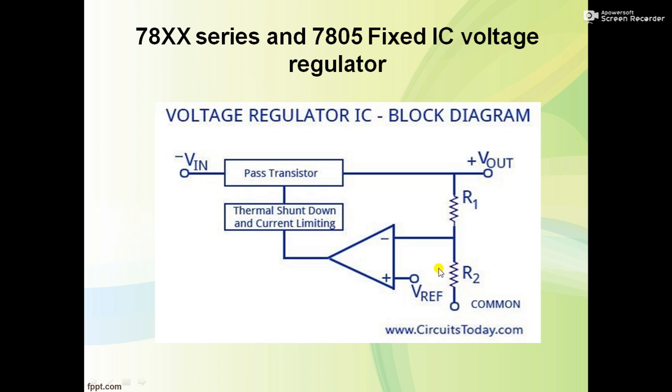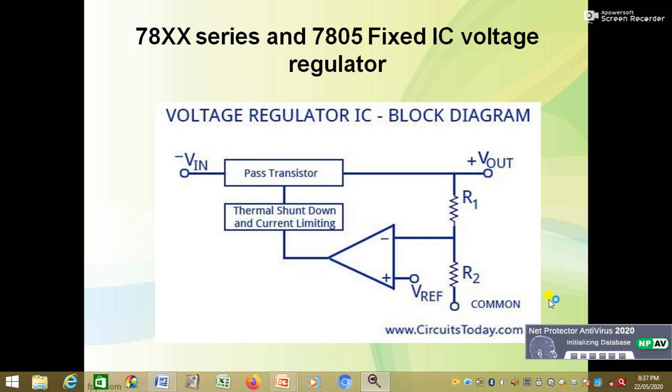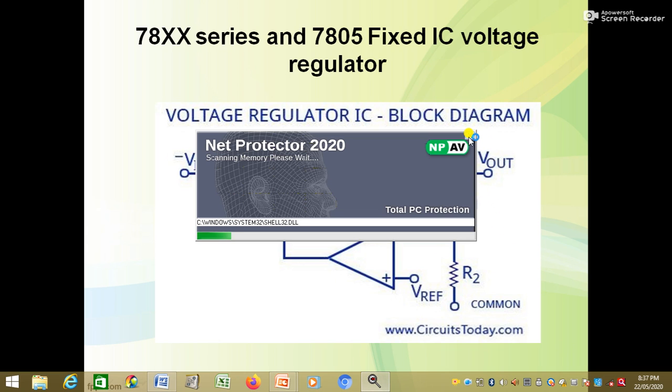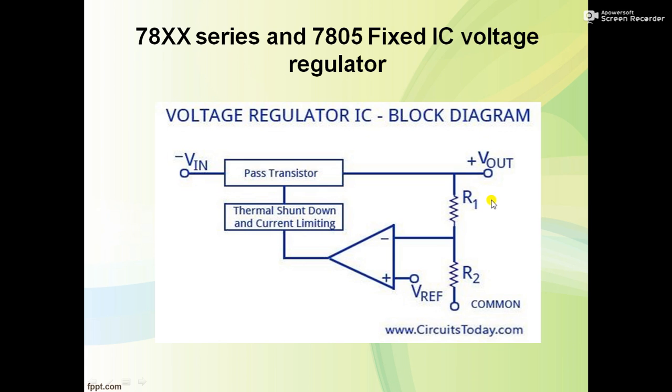And the remaining part, that means the resistor combination R1 and R2, is a voltage divider combination. This is used to sample the output voltage. Through this voltage divider circuit we take the sample output voltage and it is connected to the negative terminal of the operational amplifier.